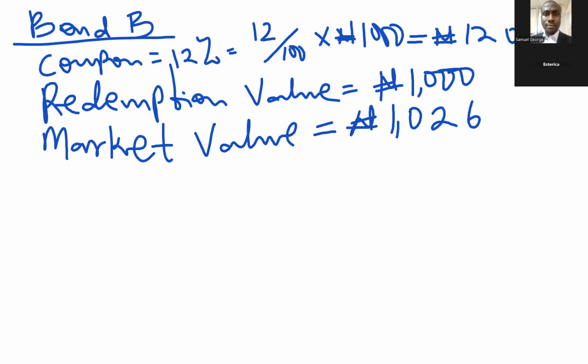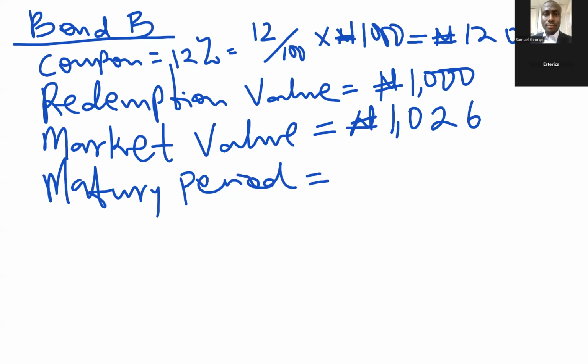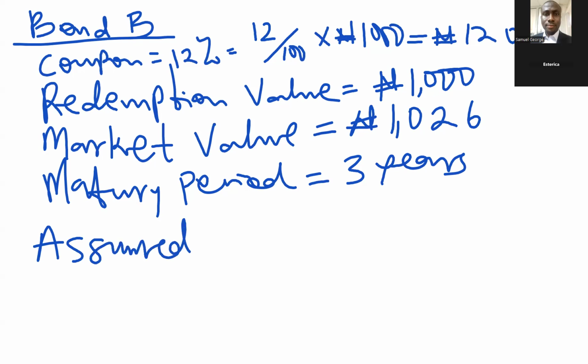Then what is the maturity? The maturity period of bond B is equal to 3 years. And the last one, assumed discount rates.